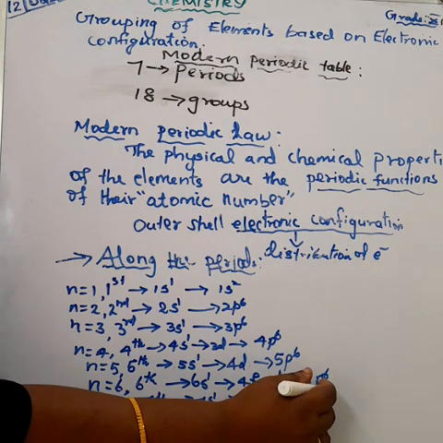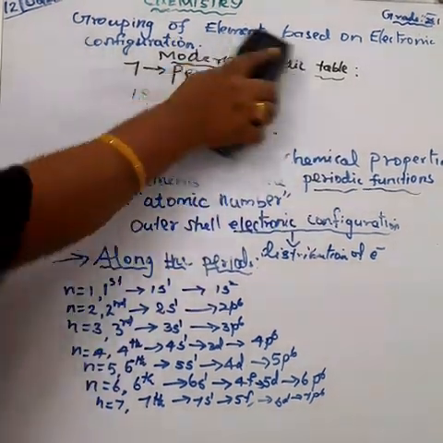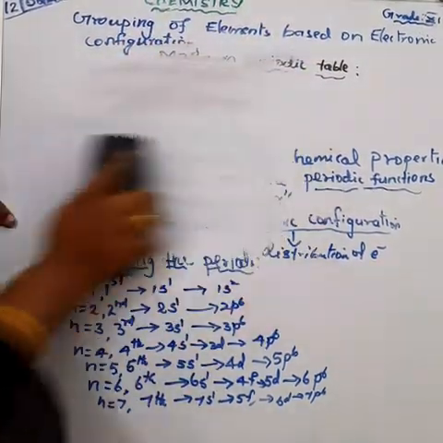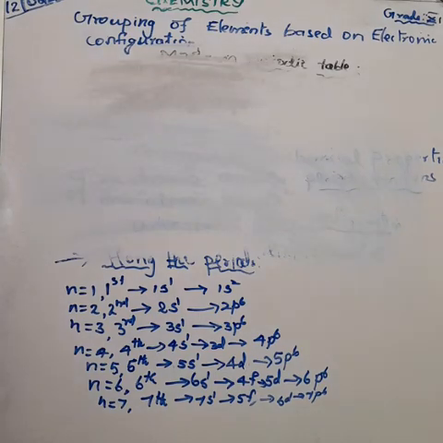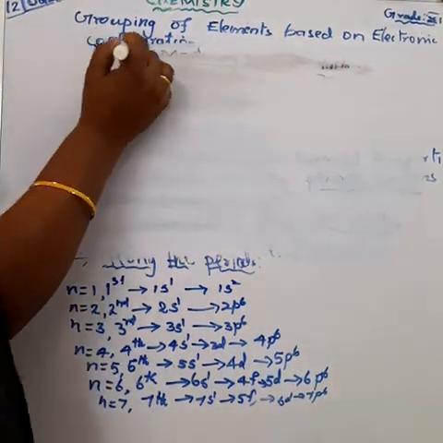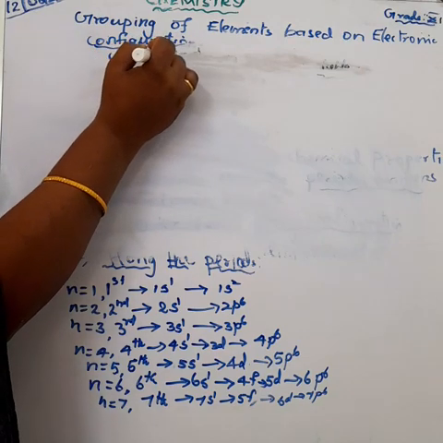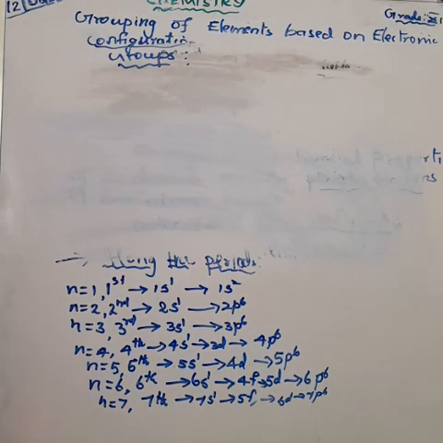These are the electronic configurations for the elements according to periods. Then we are going to study the variation of electronic configuration in the groups. As we know, the electronic arrangements of atoms help to explain the properties of the elements and the structure of the periodic table.